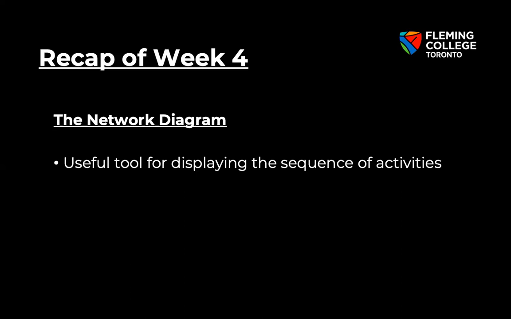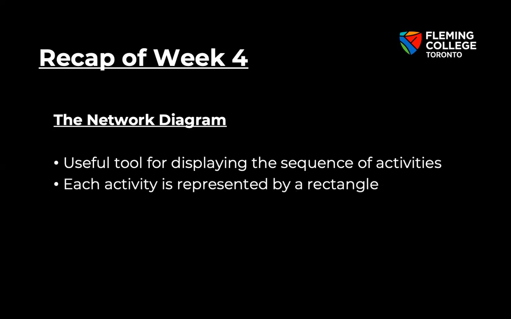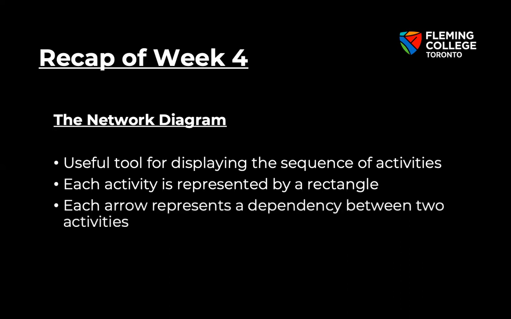So if we know the sequence of activity, and if we provide each activity and represent it by a rectangle, and each arrow represents a dependency between two activities, we can have many different ways to create that.